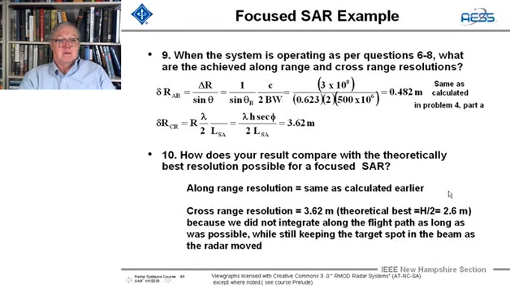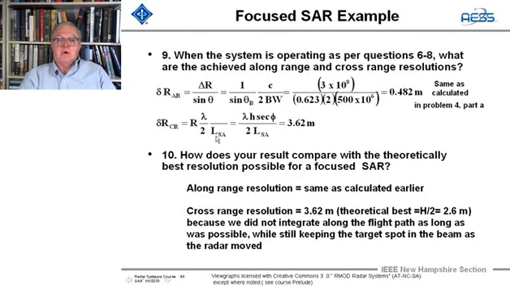Okay, and then the last two questions: when the system is operated as per 6 through 8, what are the achieved long-range and cross-range resolutions? In long range, we get 0.482, and that's the same as in section 4, problem 4, part A. And we have here that the cross-range resolution is just here.